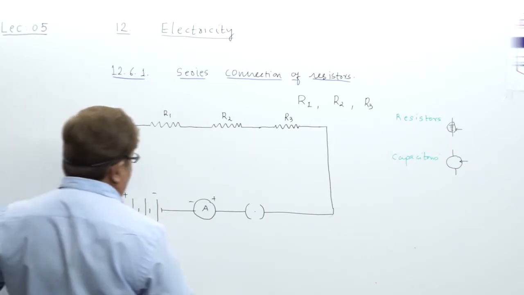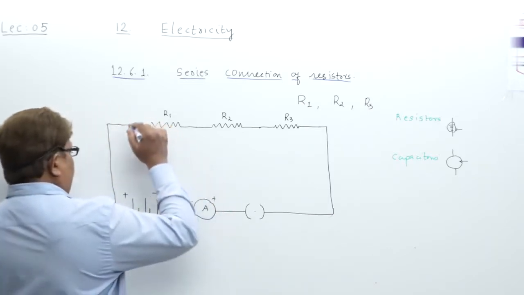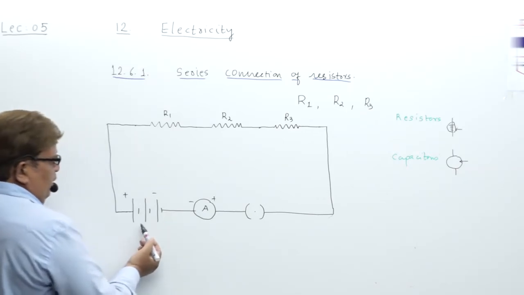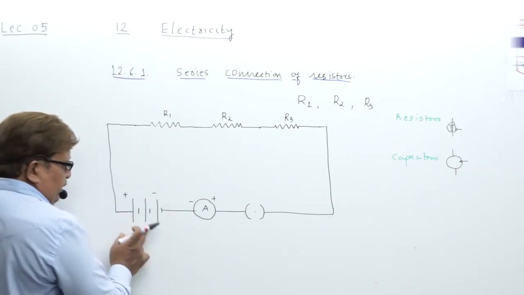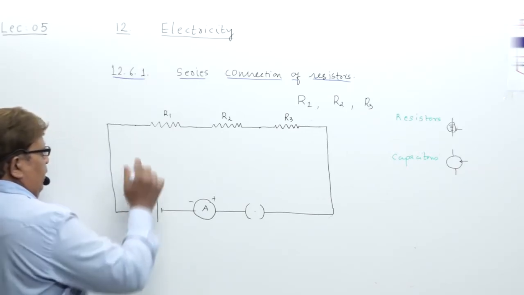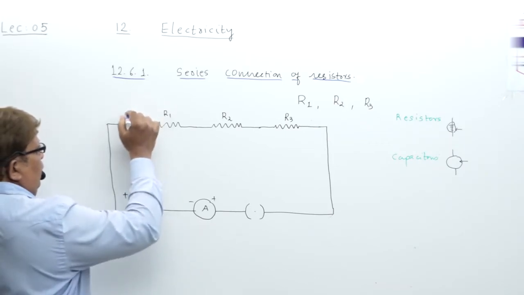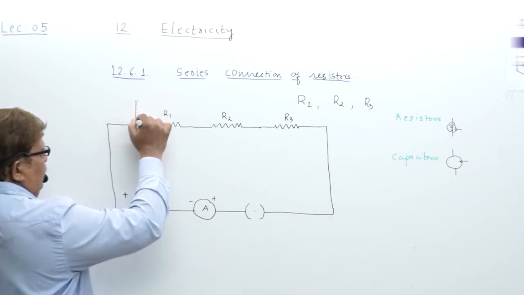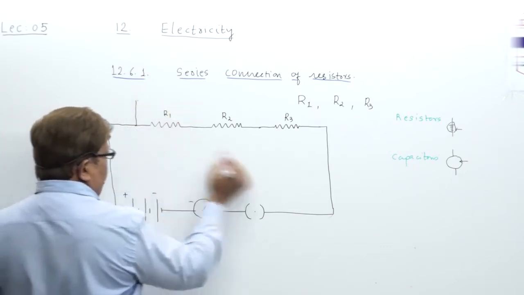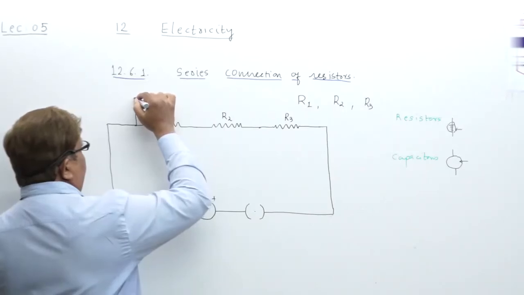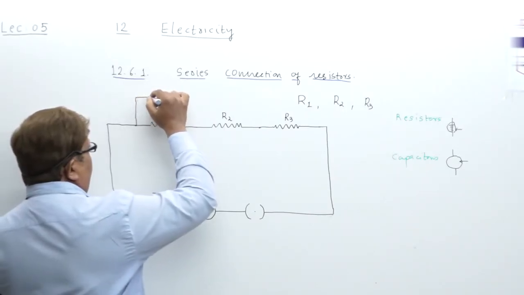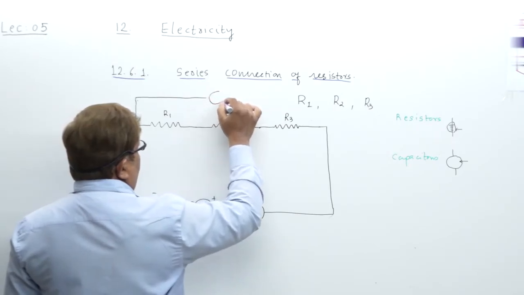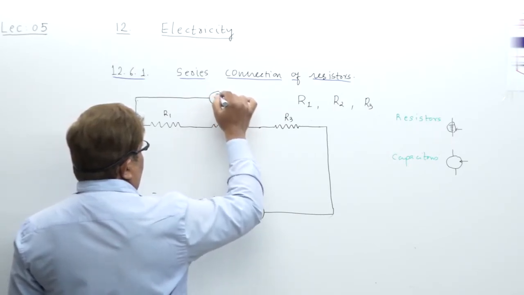Now one more thing. To measure how much potential difference is generated by the battery, we are connecting a voltmeter here in parallel connection. In the textbook they have shown it there. Anywhere you can show it, but it has to be in parallel connection, that you should understand.